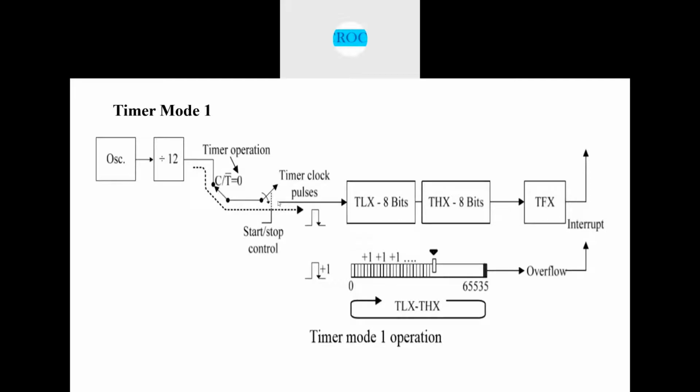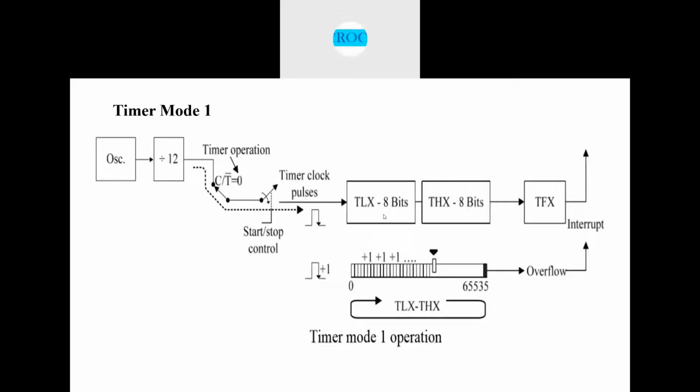So the clock pulse is given to the timers, which could be timer 0 or timer 1; X stands for 0 or 1. Each of these two registers is 8 bits: TLX is 8 bits and THX is also 8 bits.